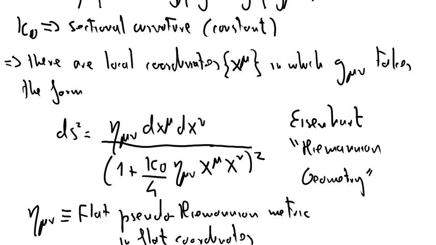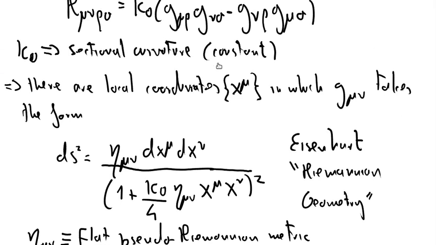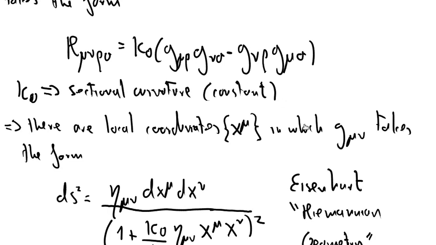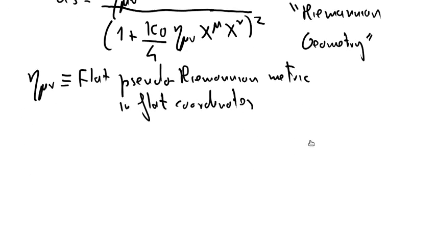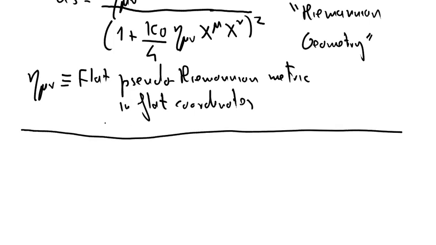If we take this expression of the Riemann tensor and compute the Ricci scalar, first we have to compute the Ricci tensor. It is a very simple computation, so I don't think I need to give the details.